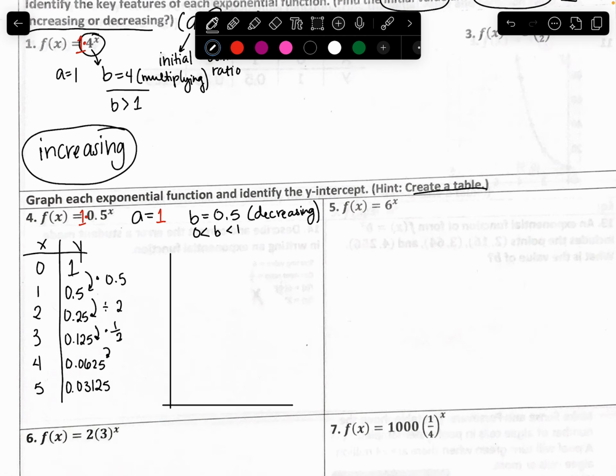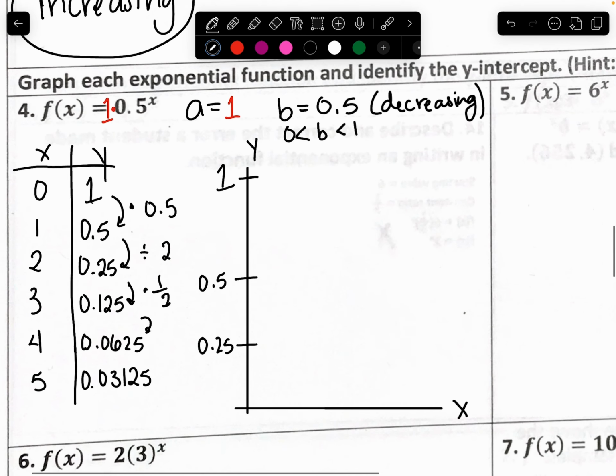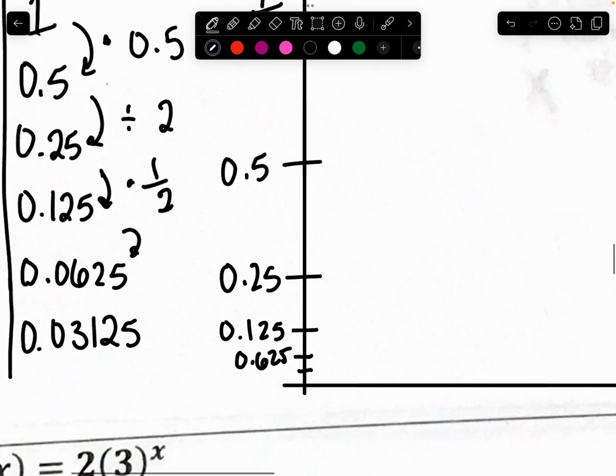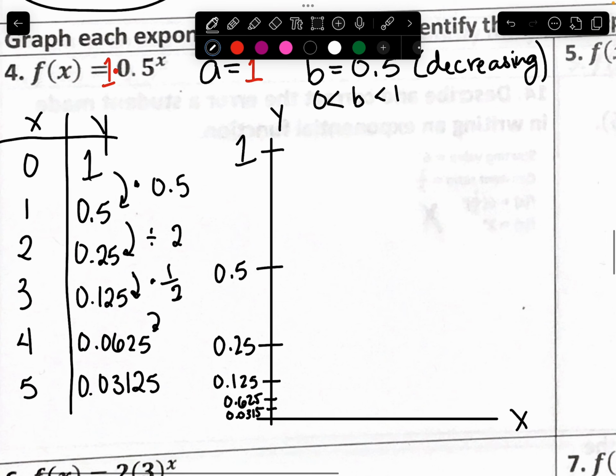Okay, now how do we graph that? Of course, we have to start with the highest value, which is 1. Since we're halving, we're going to go in the middle, 0.5. Now middle of that will be 0.25. Middle of that is 0.125. 0.0625, and it gets really small at 0.03125. And then we start where? Y-intercept.